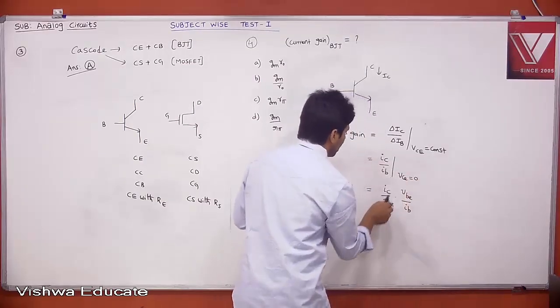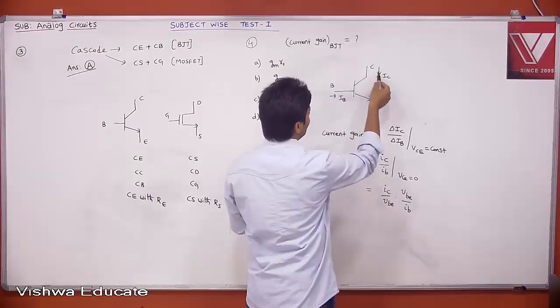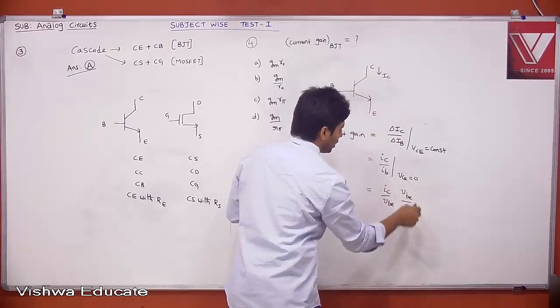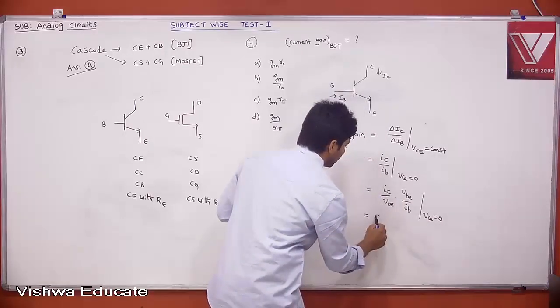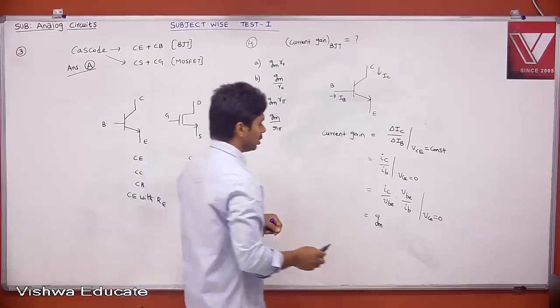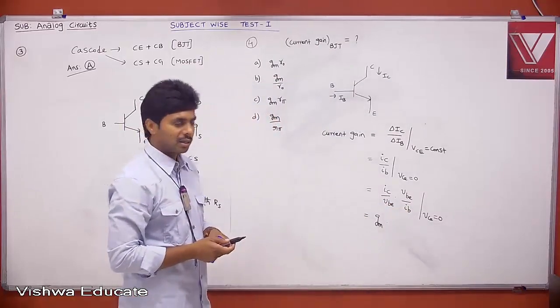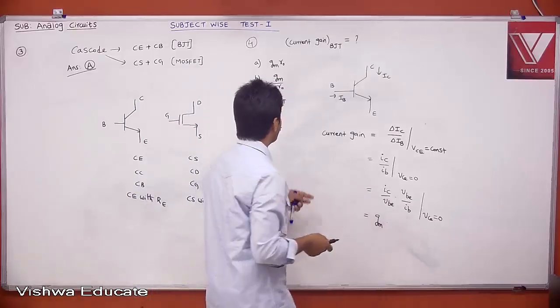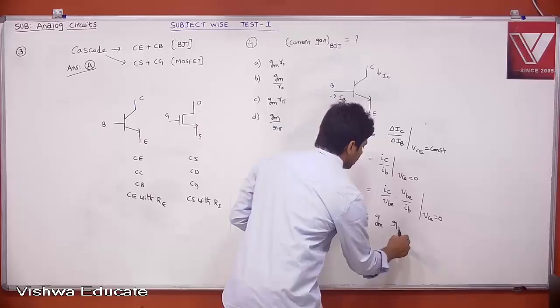What is IC by VBE? IC divided by VBE is nothing but output current divided by input voltage when VCE is 0. When your VCE is 0, this is nothing but your transconductance, GM, into what is VBE by IB? The input impedance. If you take the hybrid pi model, the input impedance is R pi.